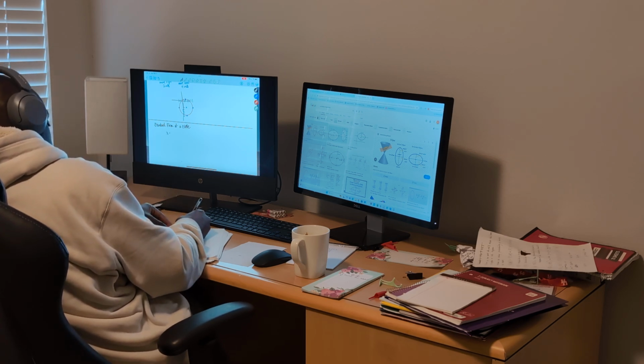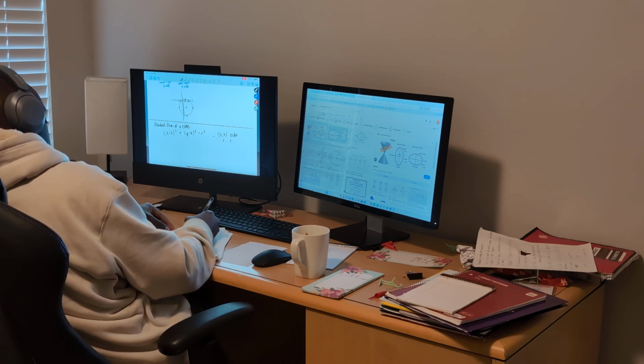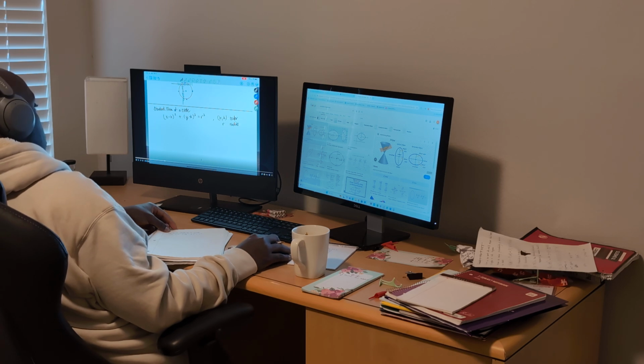And it's just simply x minus h squared plus y minus k squared is r squared. And we need to remember that h, k is where our center is, and r is our radius.